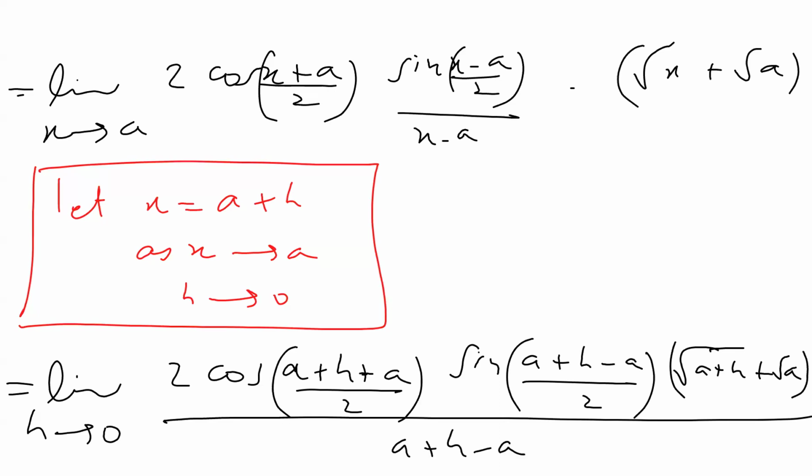This is plus, sorry. Here a and a is gone, here again a and a is gone. Now we'll group this h with the sine term, so divide by 2, multiply by 2 over here.